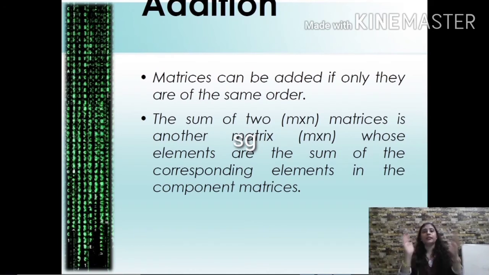The very primary thing, without which matrix addition as well as subtraction will not be possible, is that if we take two matrices, capital A and capital B, both of them need to be of the same order. That is, the number of rows of A should be equal to the number of rows of B, and the number of columns of A should be equal to the number of columns of B.